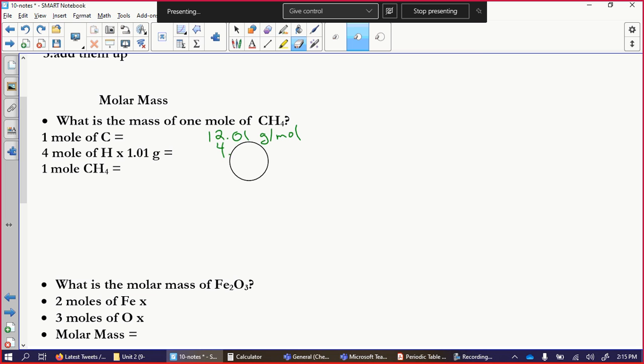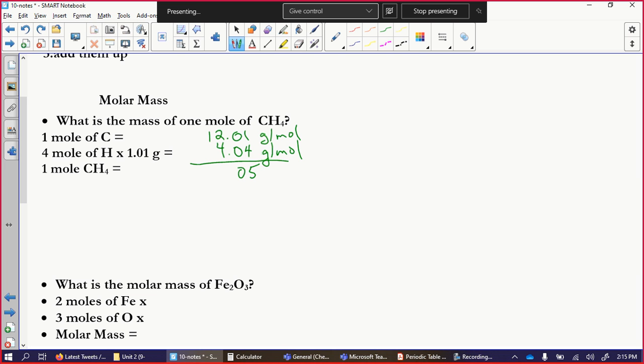And that looks like a 6, so that'll confuse people if they're trying to look at this later. This is 4.04 grams per mole. So if it's a mole of carbon and 4 moles of hydrogen, each one weighs that, add them up.